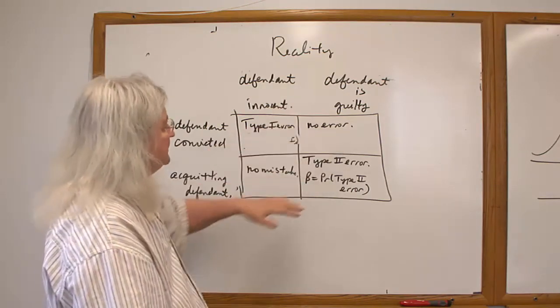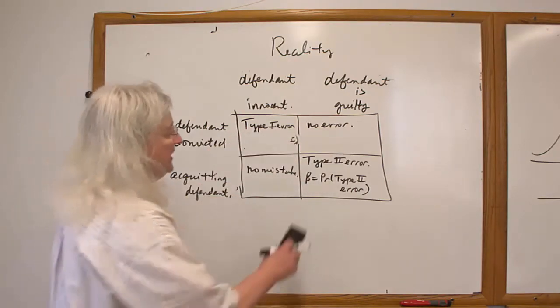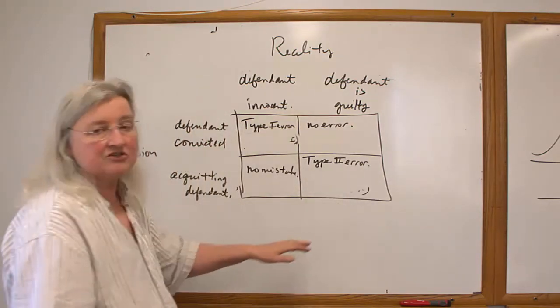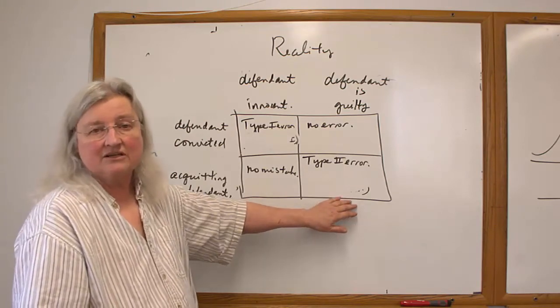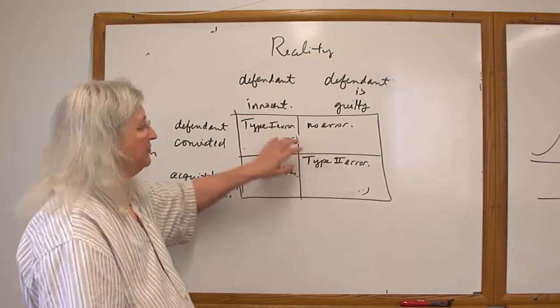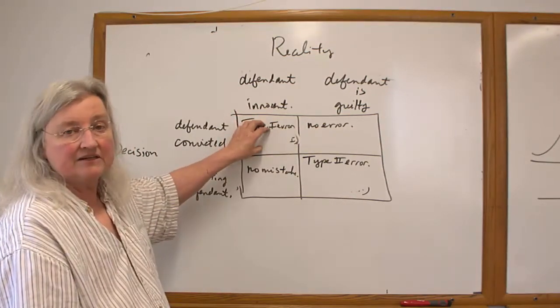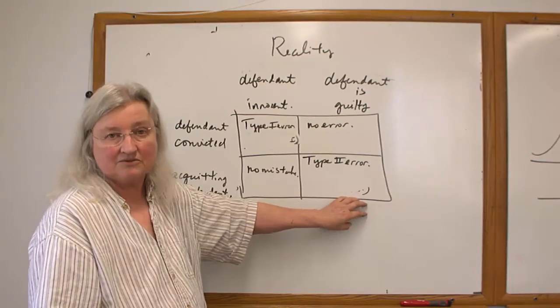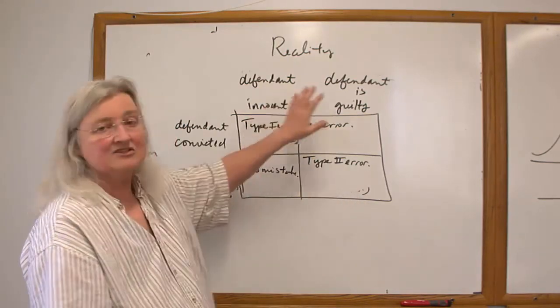If the defendant really is guilty and you acquit him, then you make what's our equivalent of type 2 error, and now you have a criminal that's running around on the streets that is likely to commit more crimes. So the type 1 error is convicting an innocent person, and the type 2 error is not convicting a guilty person. So I think this makes sense to most people.